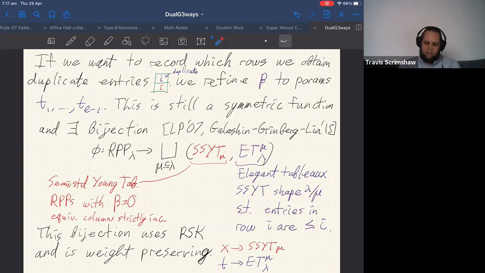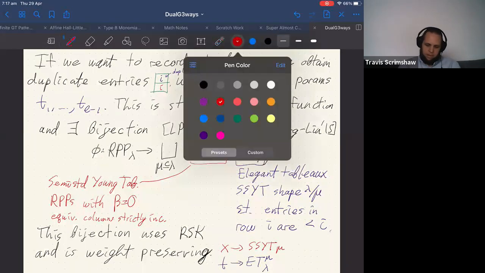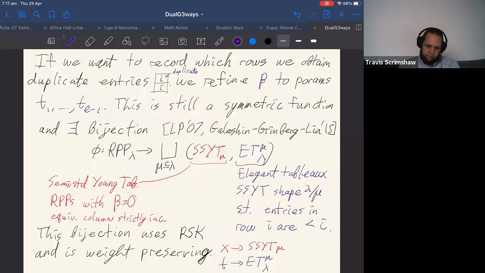But we have this extra condition such that the entries in row i are strictly less than i. And this condition here is called a flagging.